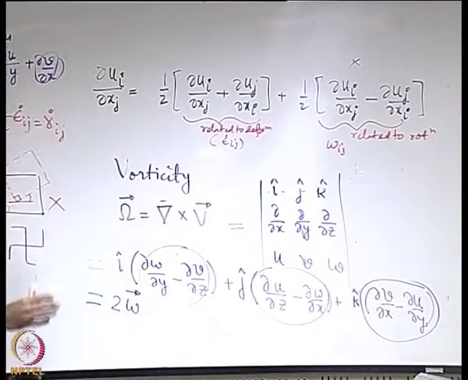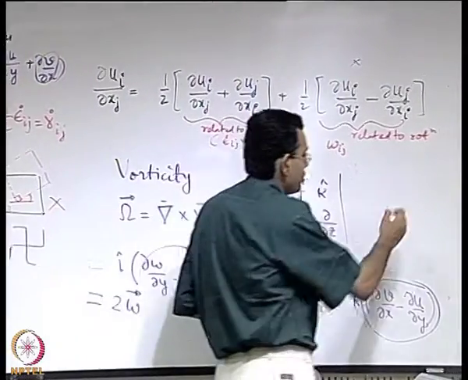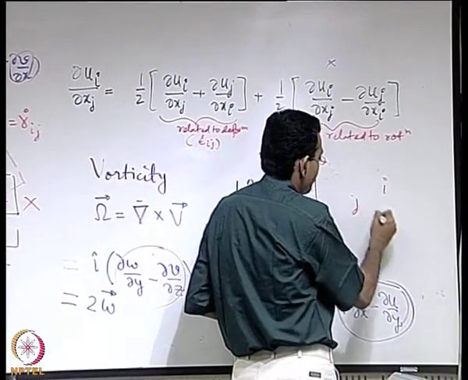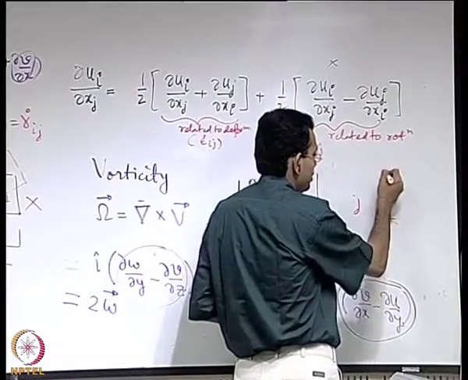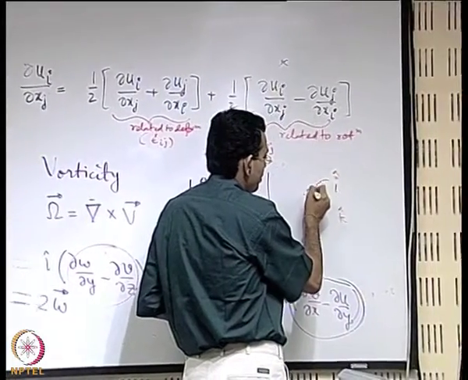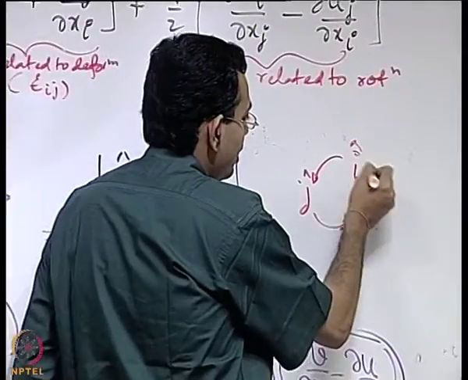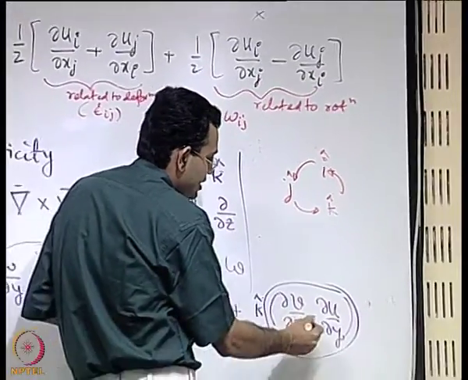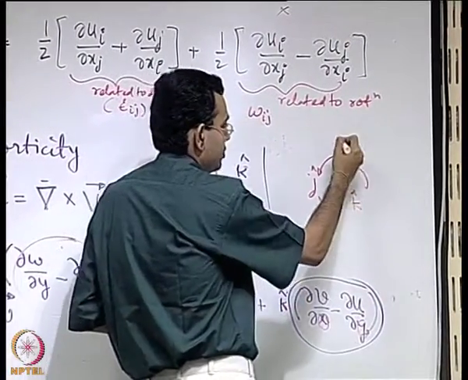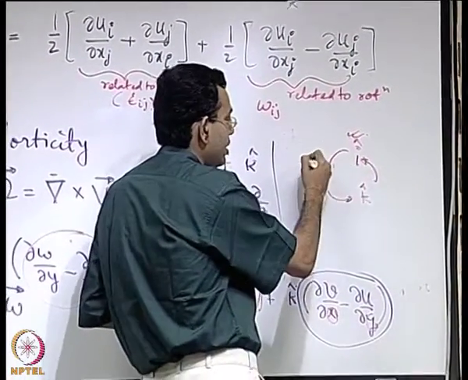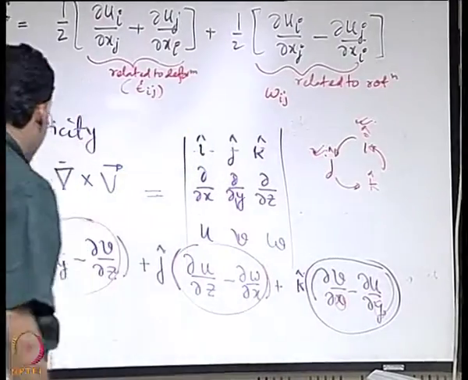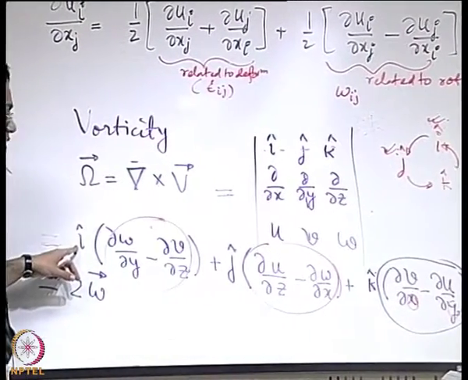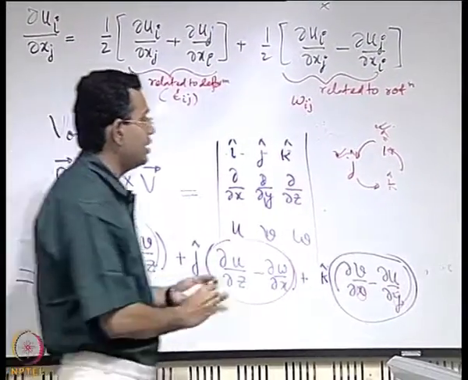For that you have to just keep in mind that you maintain a cyclic order for the x, y and z components. When you are writing the z component, first comes the x and then comes the y. So first comes the x derivative and then the y derivative. Similarly when you are writing the x component, first comes the y derivative.